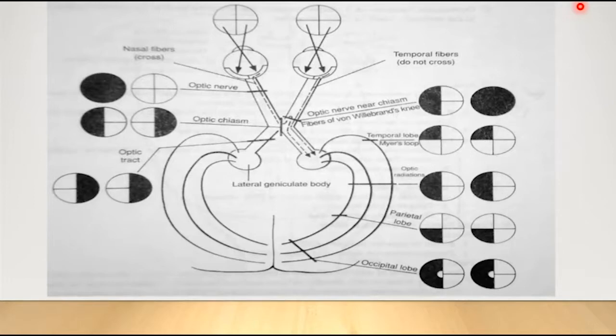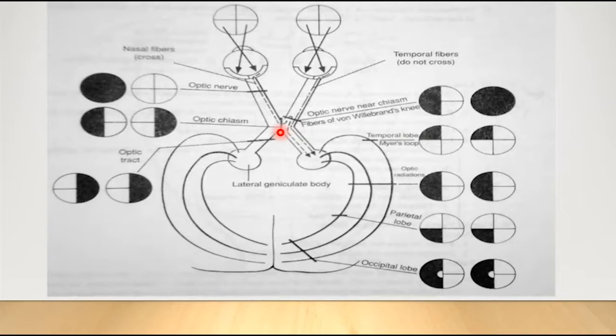So where is it compressing? Where is the chiasm in relation to the pituitary? The pituitary is inferior to the chiasm, isn't it? So when you have a small adenoma of the pituitary, does it bother the chiasm? No, it doesn't. But as it grows, and if it grows upwards, which it often does because the lateral margins are bony, then it begins to compress the chiasm.